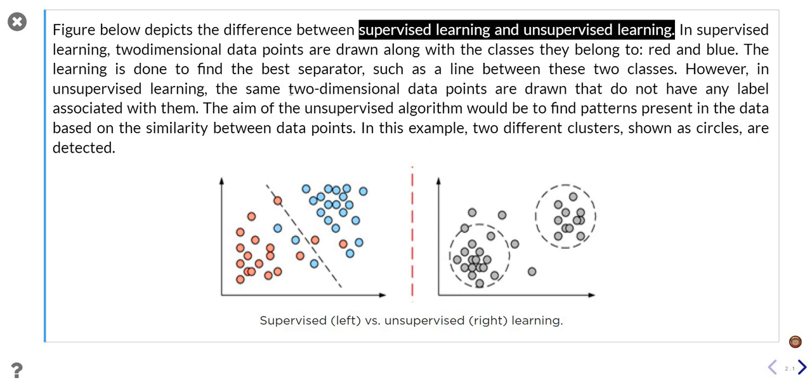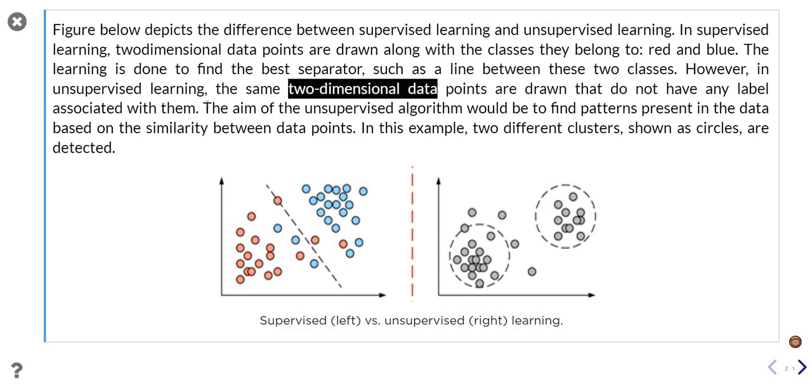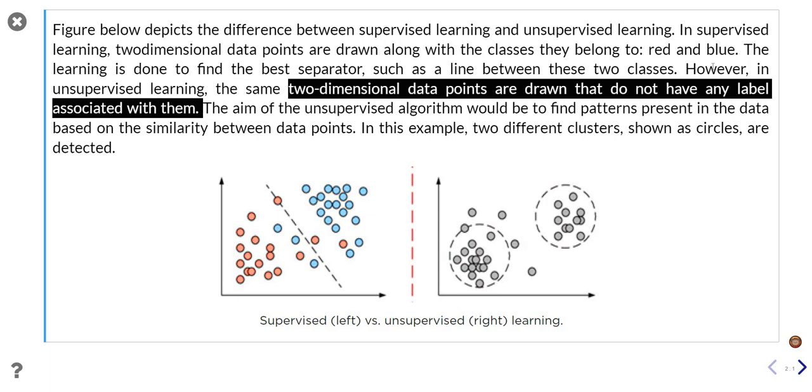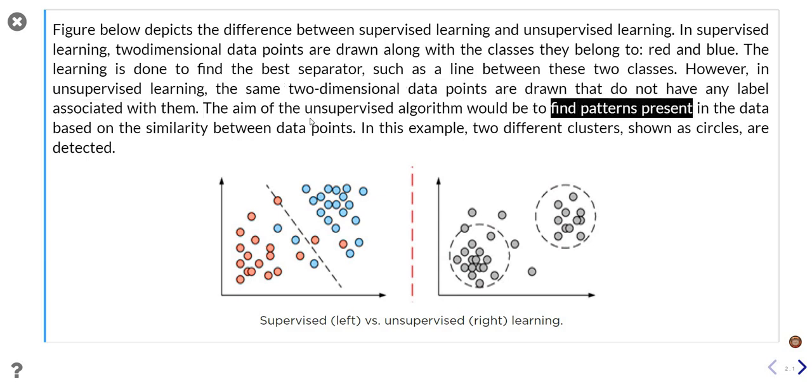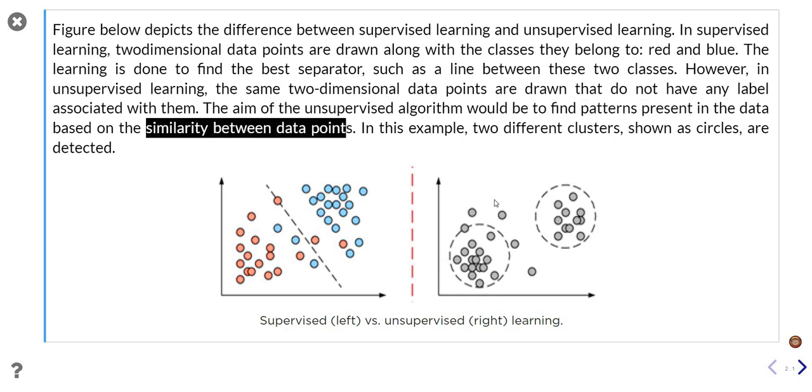So in unsupervised learning, the same two-dimensional data points are drawn, but they don't have any labels. So the aim of the unsupervised is actually to find the patterns that are present, based on the similarity between data points. Here you can see there are two different clusters and it detects the clusters. In supervised, you try to find a line which can separate the two classes, which is to classify.